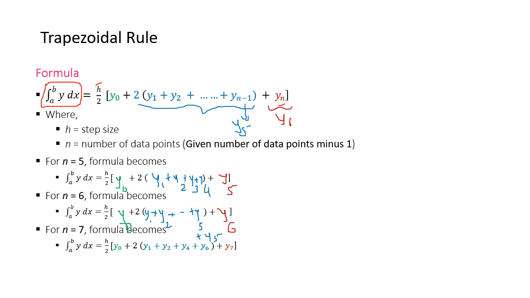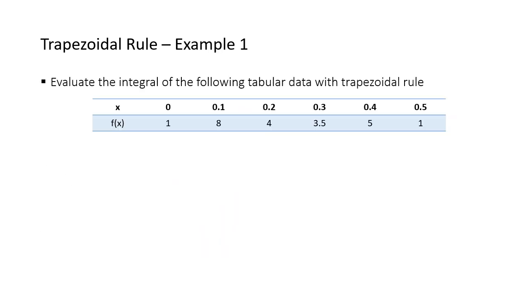That's the last term in the square bracket. So write it yourself. Practice writing the formula of the trapezoidal rule for n equals 8, 9, 10 and so on. Okay, so let us solve an example on the trapezoidal rule.